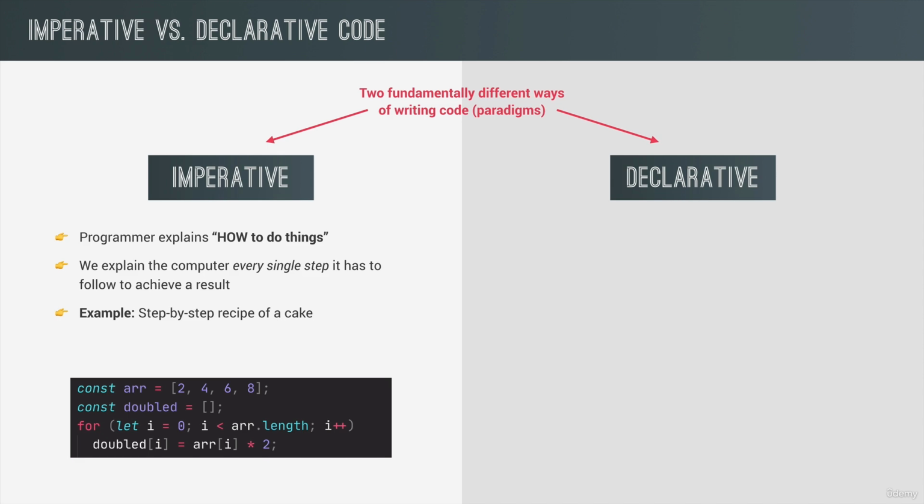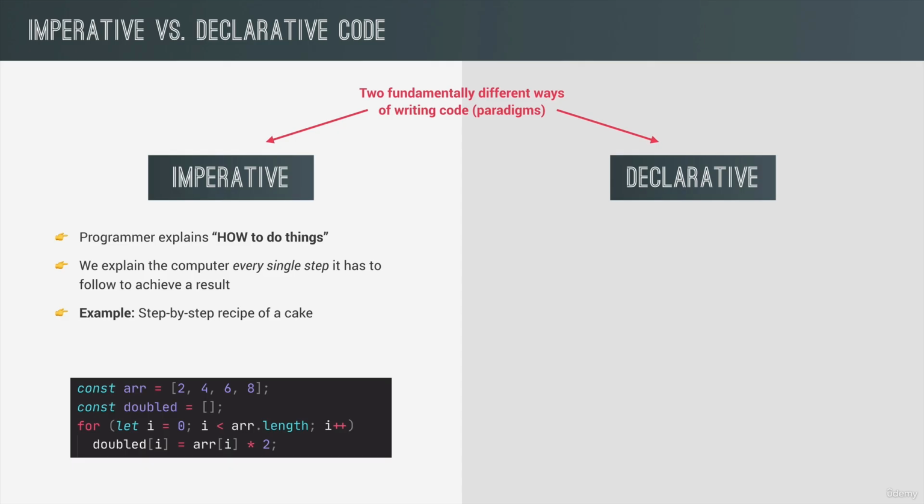So here we are telling the computer step by step to create an empty array, to create a counter that starts at 0, then to increase that counter until we reach the length of the original array, and then how exactly to store the new result in each new position of the array. So there's a lot of steps that we really give the computer here in order for us to achieve the result of doubling that R array.